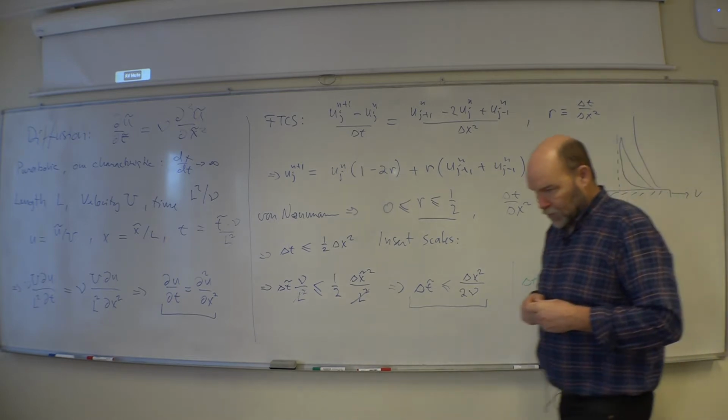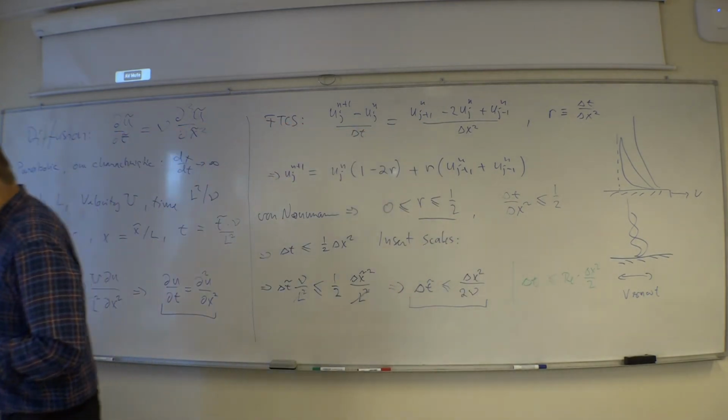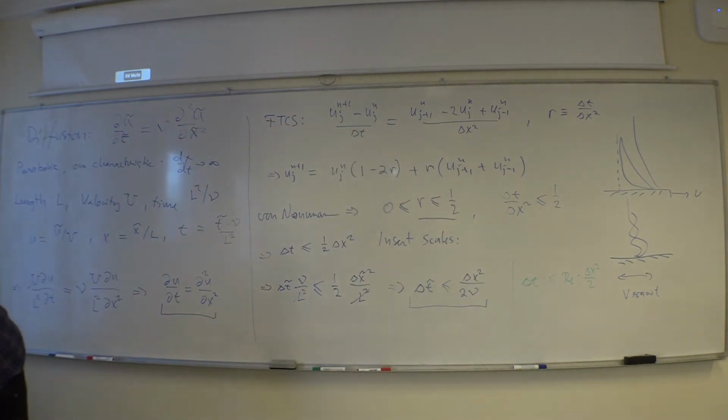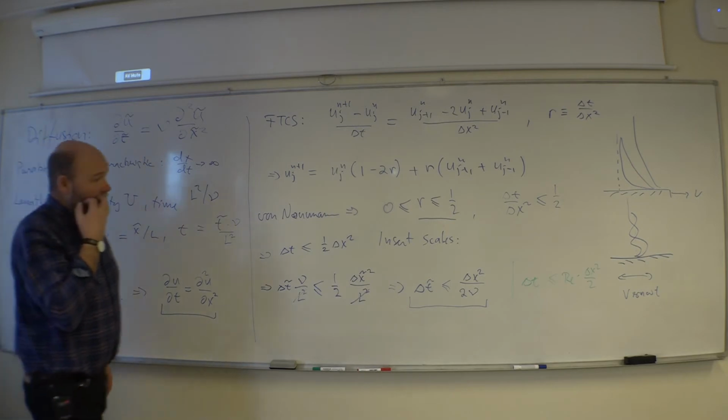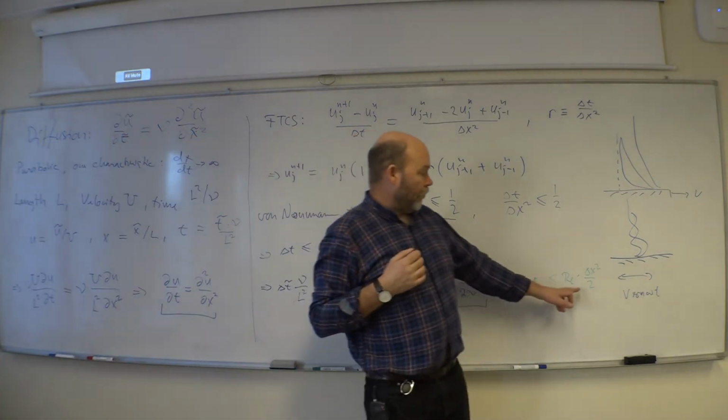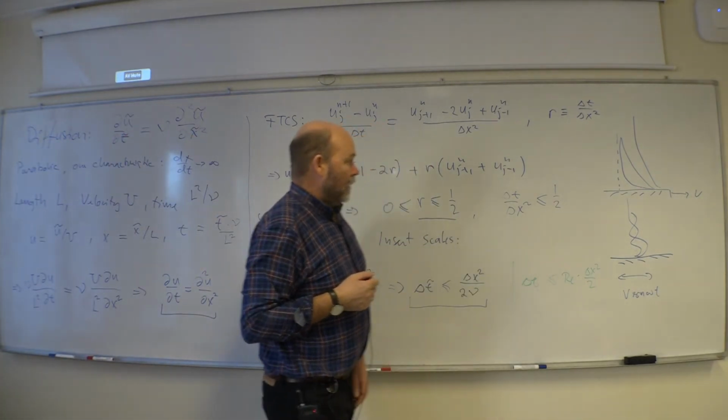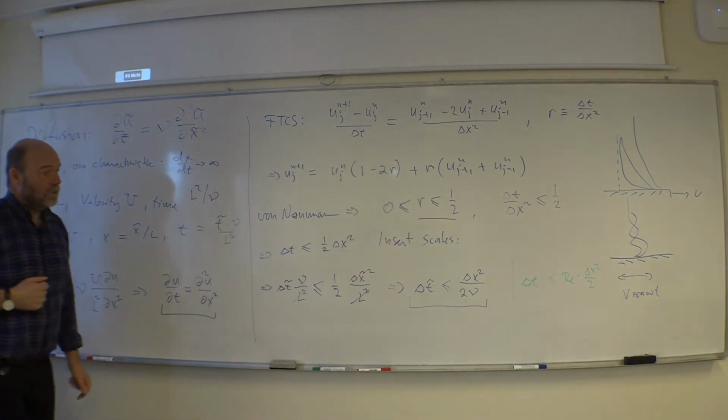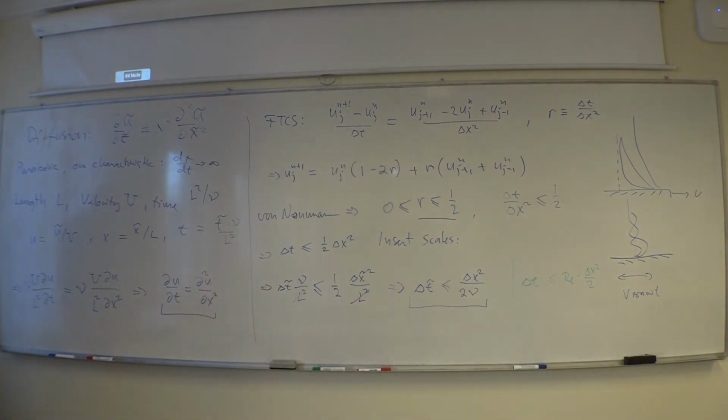So it will read something like that, but that's just for a one-dimensional problem. In a two-dimensional problem, it will read a little bit differently. It will actually be 1/4 here. But never mind, you'll get the idea where it comes from.